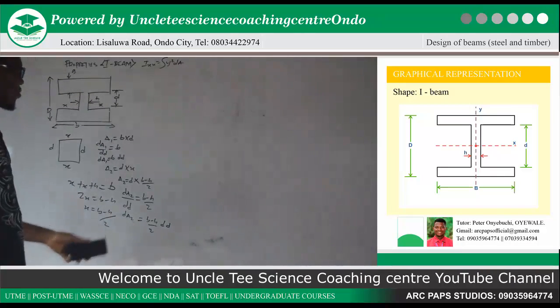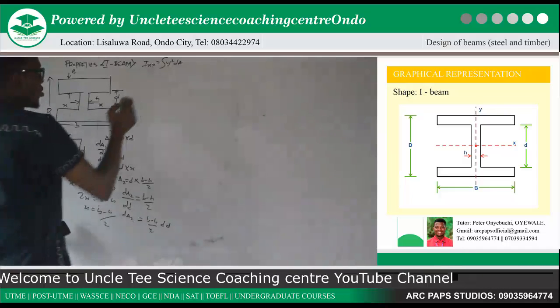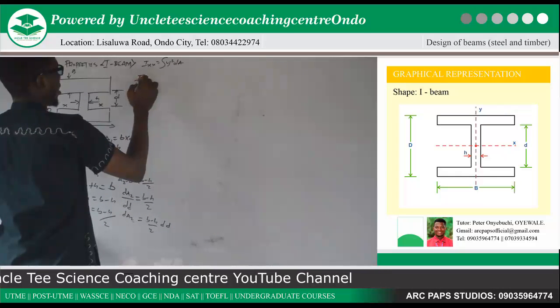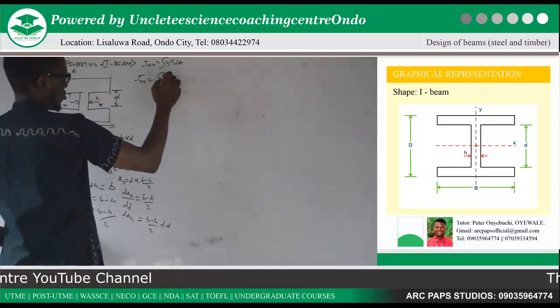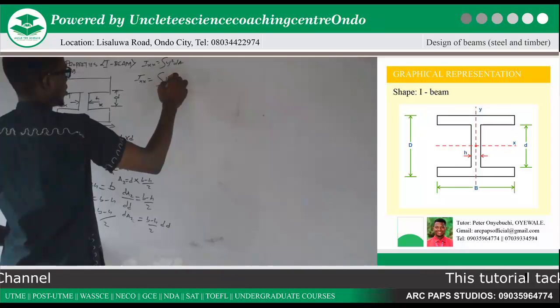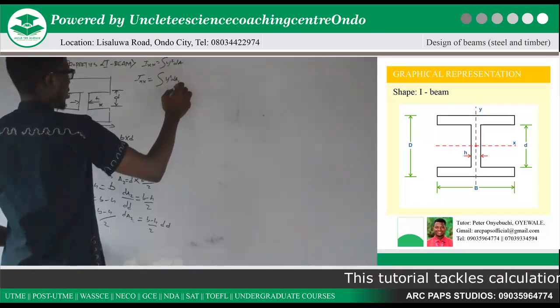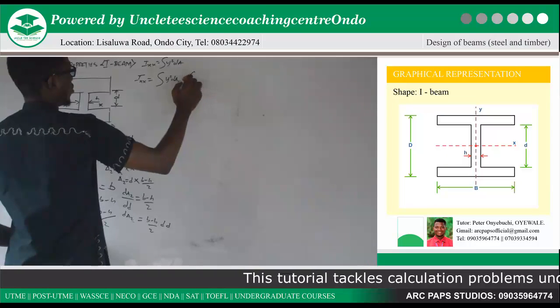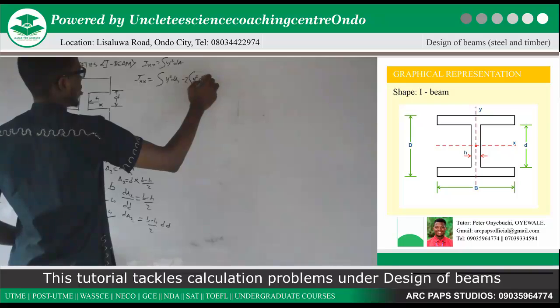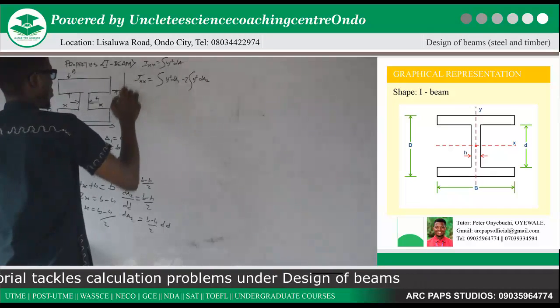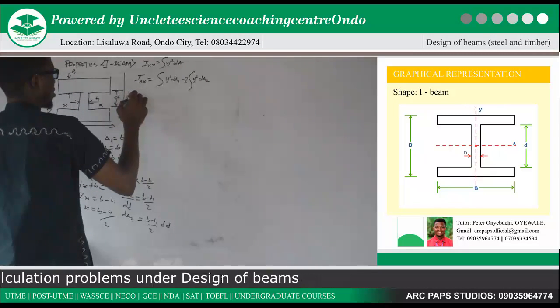So that is our dA1 and this is also our dA2. Now let's go back to our Ixx formula. Our Ixx here is given by integral y squared dA, that is finding inertia for a rectangular beam, minus 2 integral, if you remove those two hollow parts, integral y squared dA2.